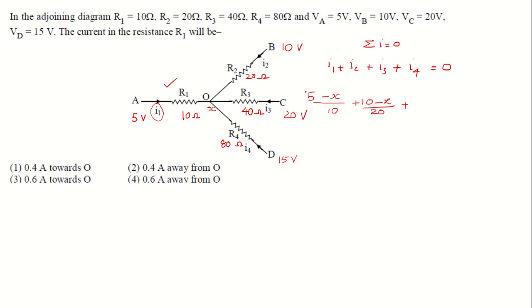Plus, what about I3? The higher potential is VC, so 20 volt minus the center potential X, divided by the total resistance in that arm, 40. Plus the higher potential at the point D, that is 15, minus X at the center, divided by the total resistance 80 ohm, should be equal to 0.